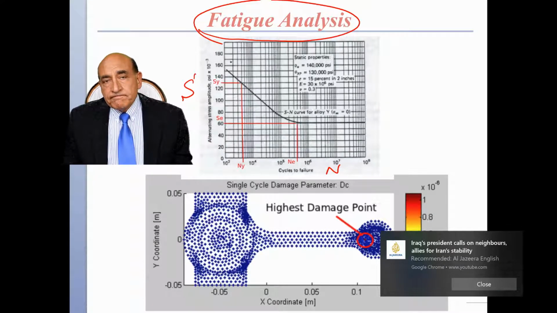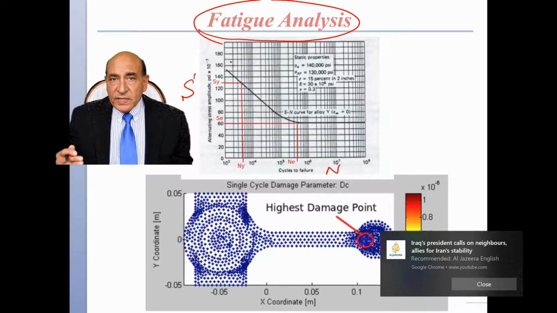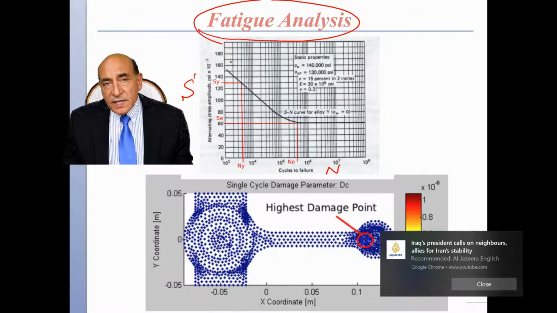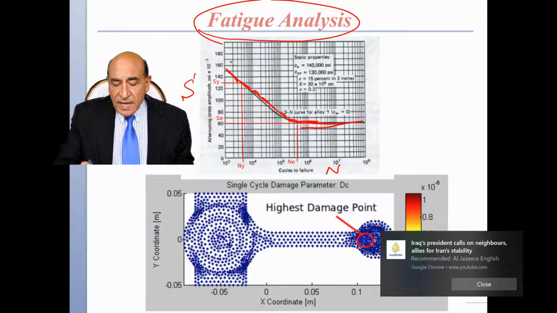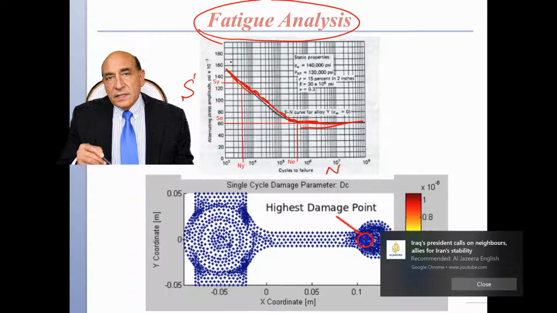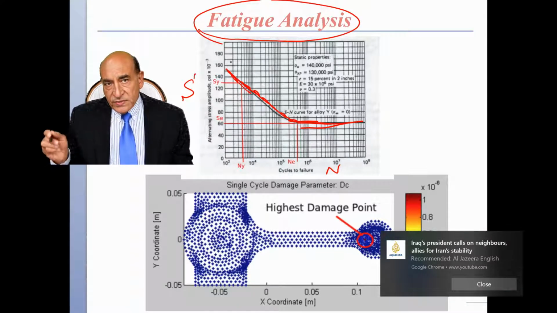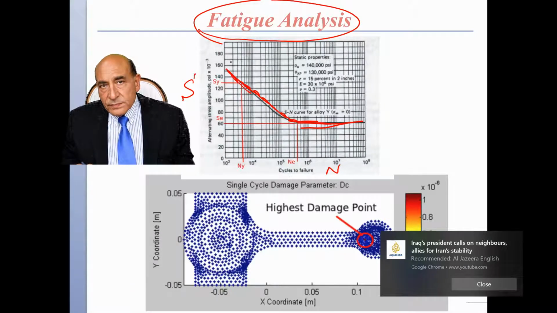So for every material, if I use steel 4340 for example, then I can go to a website, or I can go to a data book and find the data described by a curve similar to what you see on here. And this curve is the SN curve. It gives a relationship between the stress amplitude for each fluctuation and the number of cycles to failure.